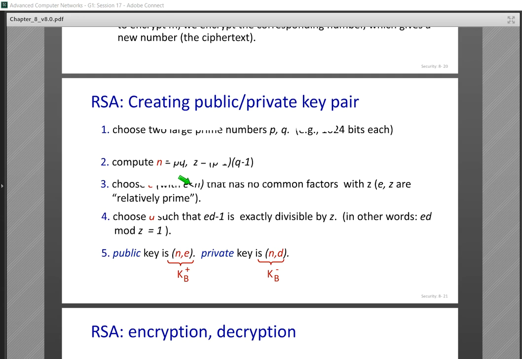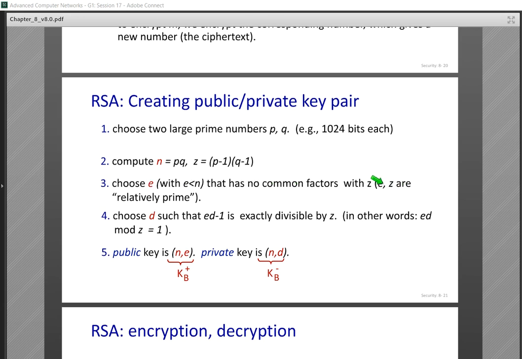So E must be chosen with a value smaller than n. And E and Z must be relatively prime.